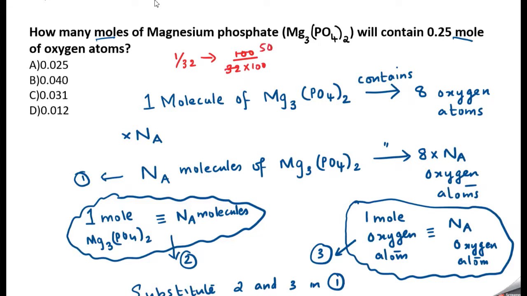If you cut it, it becomes 25 by 8, that is 3.1 into 10 power minus 2. That is 0.031 moles of magnesium phosphate. That is option C. I hope you understood the question.